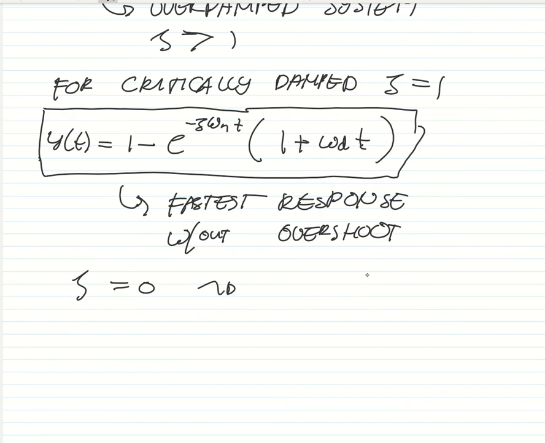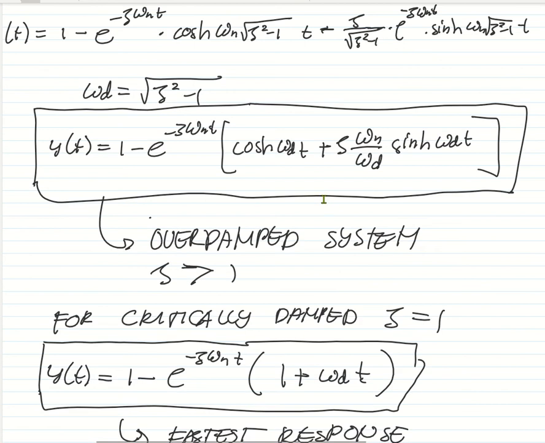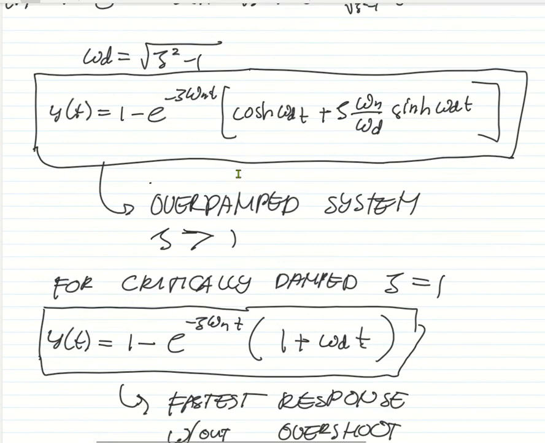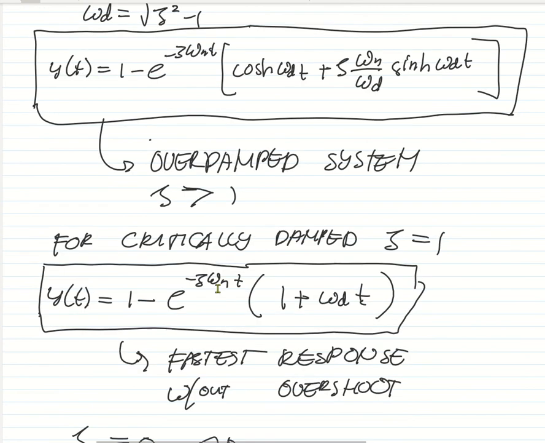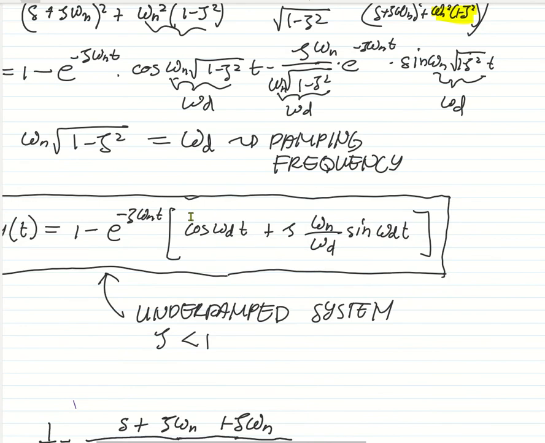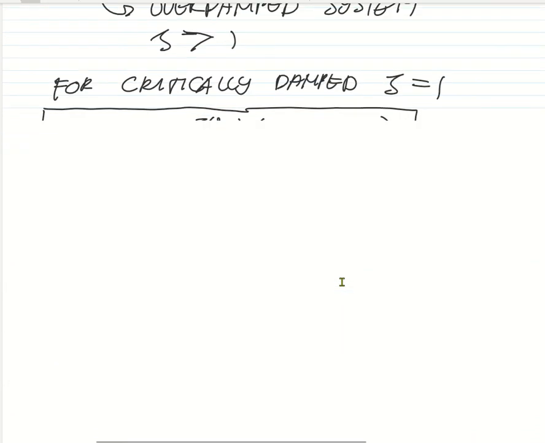If you look at here, if zeta is equal to 0, what will happen? The exponential term will be e raised to 0, it will become 1. So let's go back here. If this becomes 1, what happened? It will become just cosine or sine functions. So what does this mean?